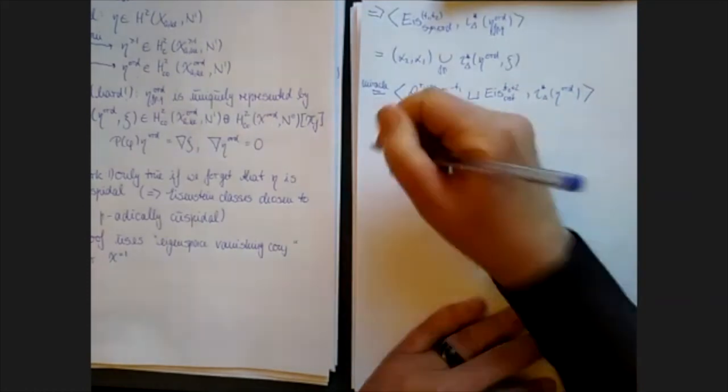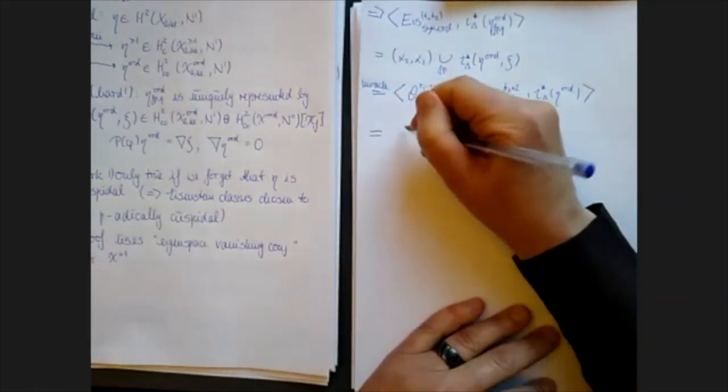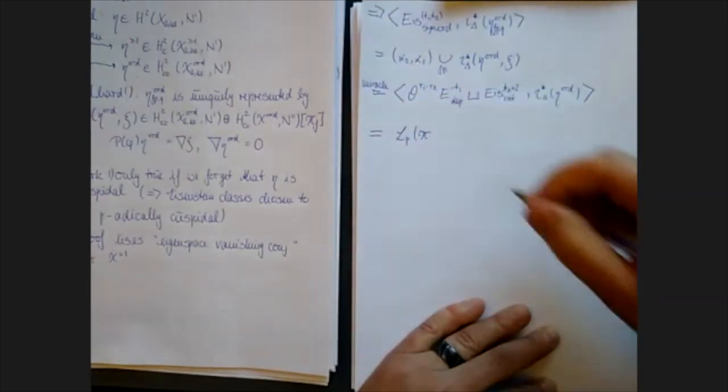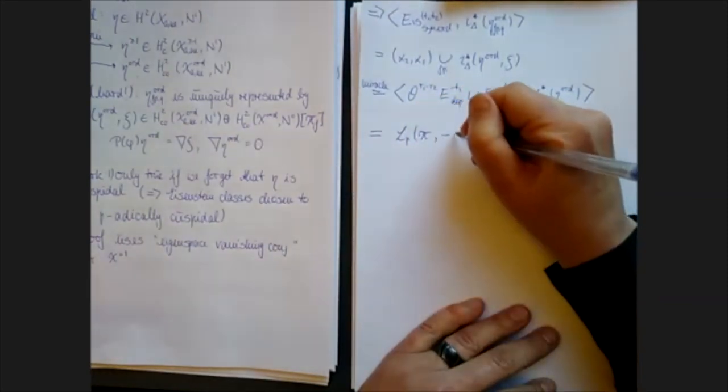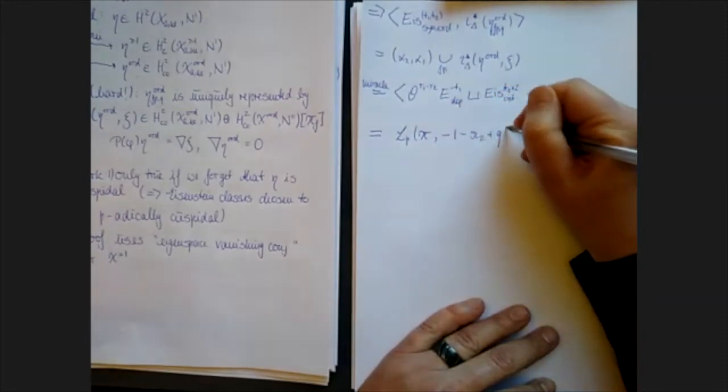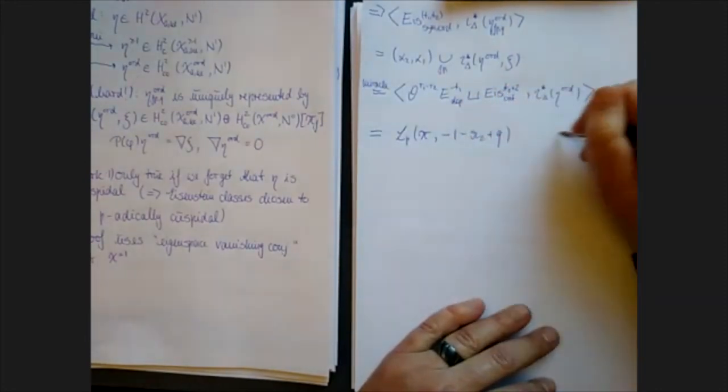And you will recognize that this here is precisely the value of the p-adic L function that David constructed at the value -1 minus R2 plus Q. Okay, so there we go.